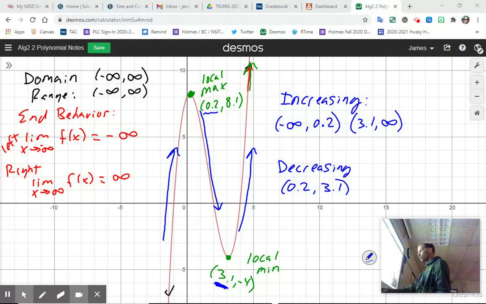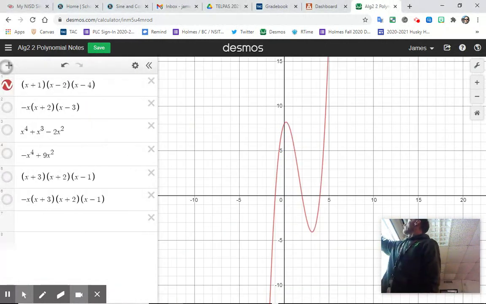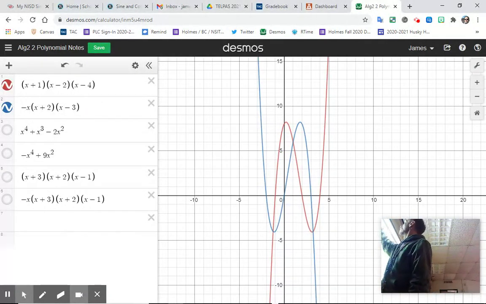Okay, so those are your attributes: domain, range, end behavior, minimum and maximum points, increasing and decreasing. So let me get rid of all these guys, and I will change to a different graph. Kind of let you think about doing one on your own.